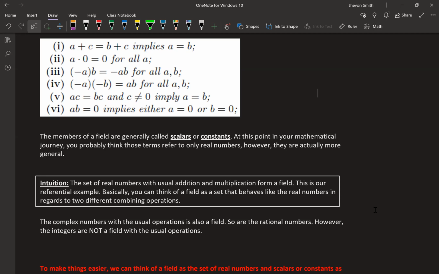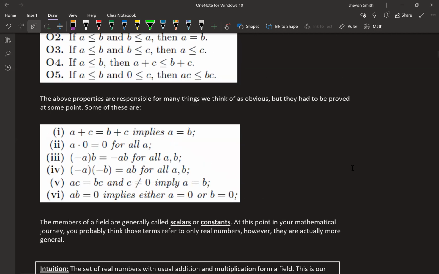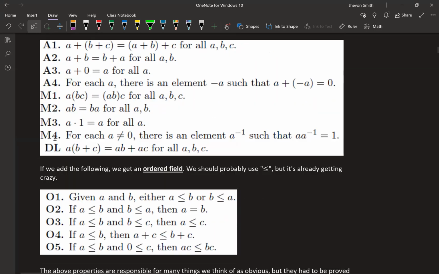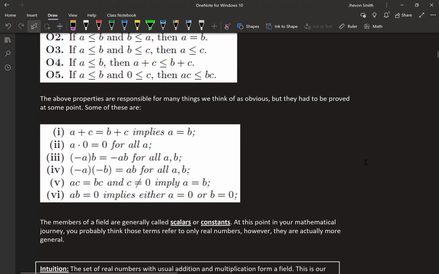By the way, the set of integers does not form a field. How do I know the set of integers cannot be a field? I cannot think of the integers as technically constants if I'm only thinking of them as belonging to the integers. The integers are only considered constants if I think of them as members of the real numbers. The reason is because of M4. M4 fails with the integers.